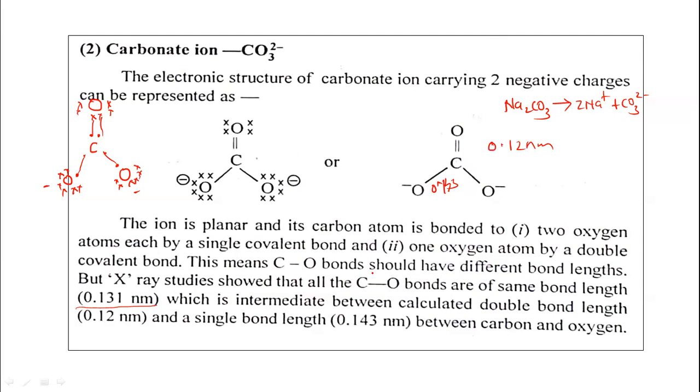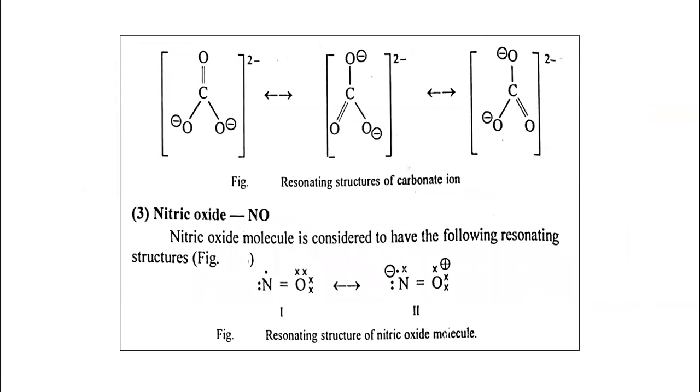So the experimental bond length is intermediate between these two. It means that in the carbonate ion there is neither a pure single bond nor a pure double bond. It is in between the single bond and double bond. This is according to resonance. It means that there is a presence of resonance in the carbonate ion. So let us represent the resonating structures of the carbonate ion.